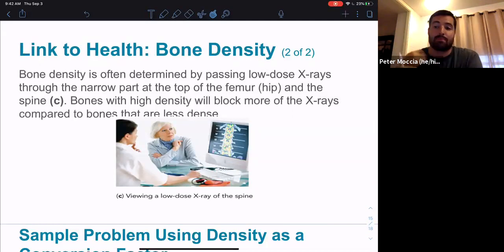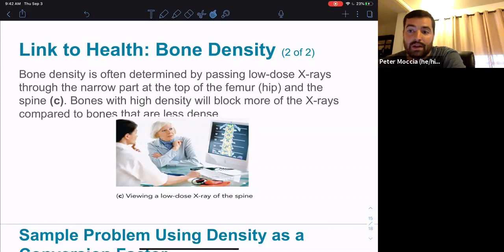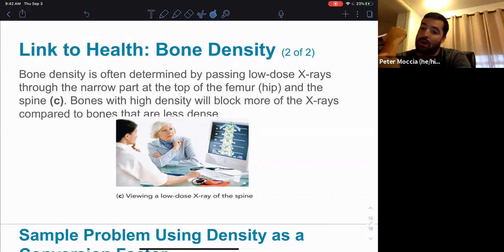Now, if I break my forearm, then there's going to be an area of very low bone density where the bone is broken. So that's how that works. If I break my bone, all of those X-rays are going to be able to seep through that area where the bone is broken.